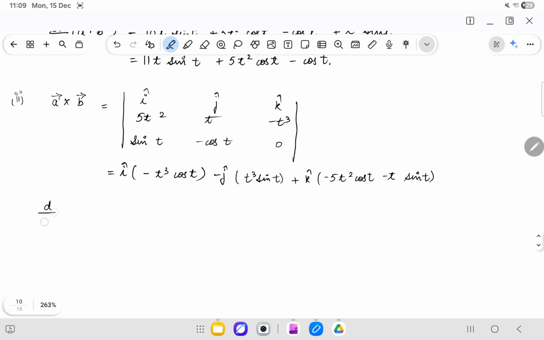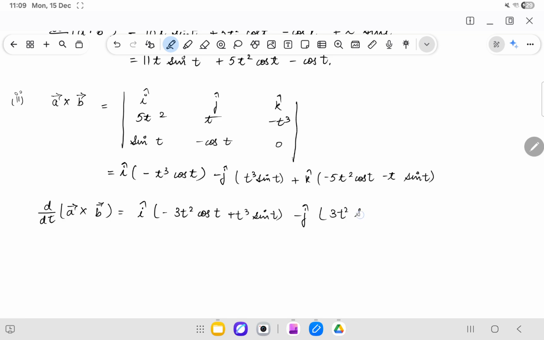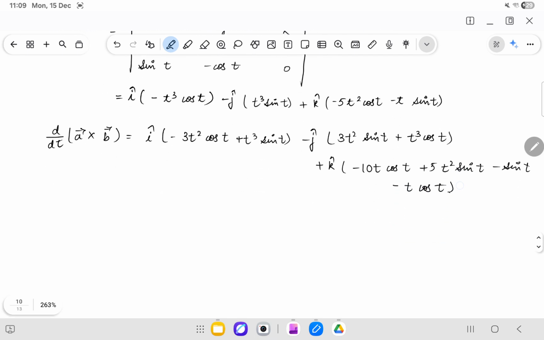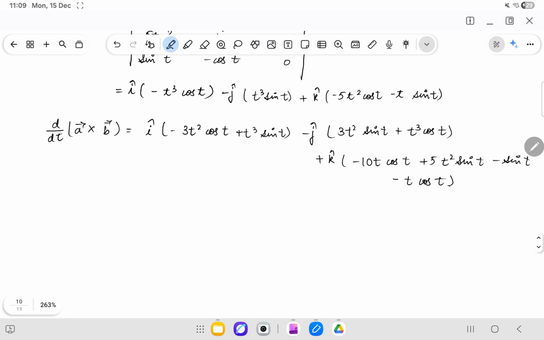So if I evaluate its derivative with respect to t, it will be equal to i cap (−3t² cos t + t³ sin t) minus j cap (3t² sin t + t³ cos t) plus k cap (−10t cos t + 5t² sin t − sin t − t cos t). So this is the derivative of a cross b with respect to t.